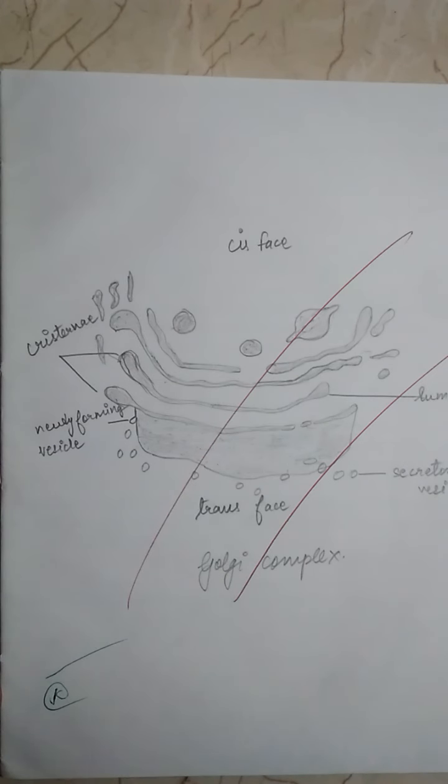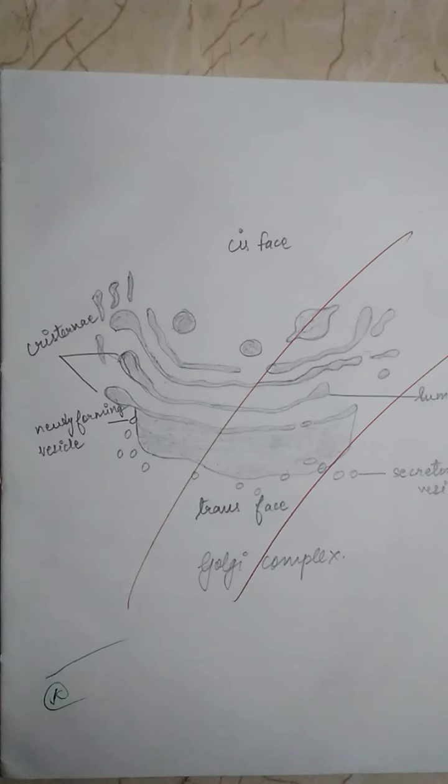The material synthesized near the ER is packed and dispatched to various targets. As ER has a transport function, it packs all the material and dispatches it to various targets inside and outside the cell through the Golgi apparatus. Its function includes the storage, modification and packaging of products in vesicles.